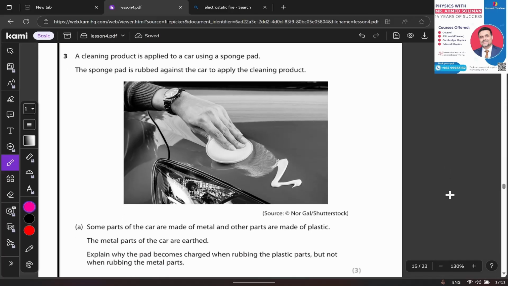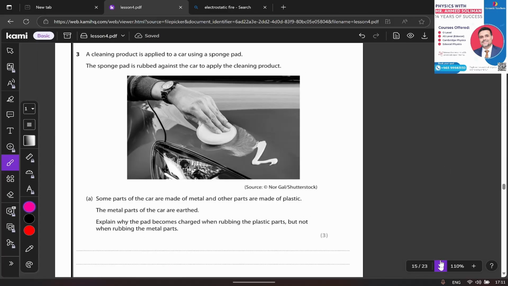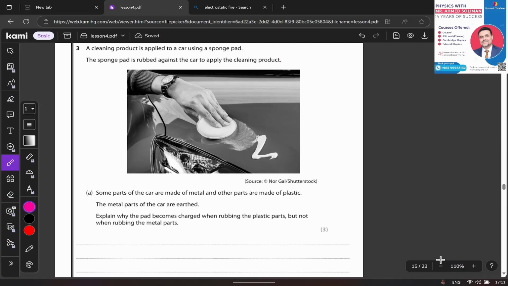Ahmed, can you solve this question? A cleaning product is applied to a curve using a sponge pad. The sponge pad is rubbed against the curve to apply the cleaning product. Some parts of the curve are made of metal and other parts are made of plastic. The metal parts of the curve are earthed.